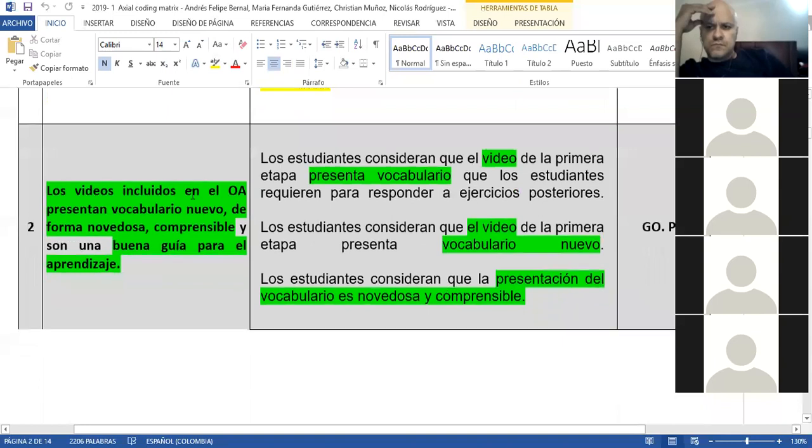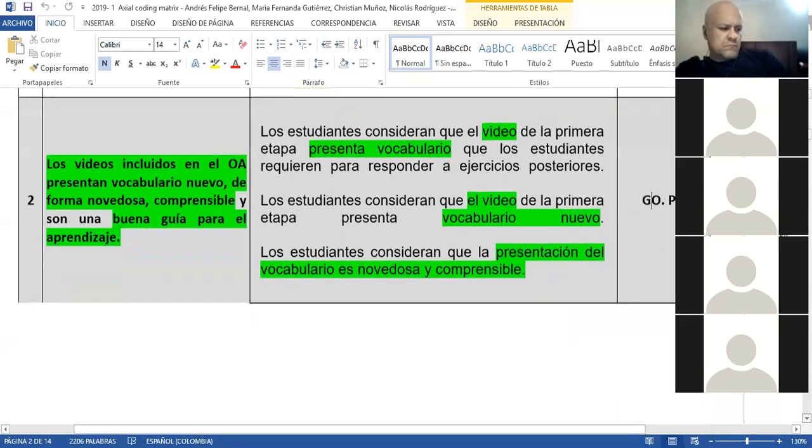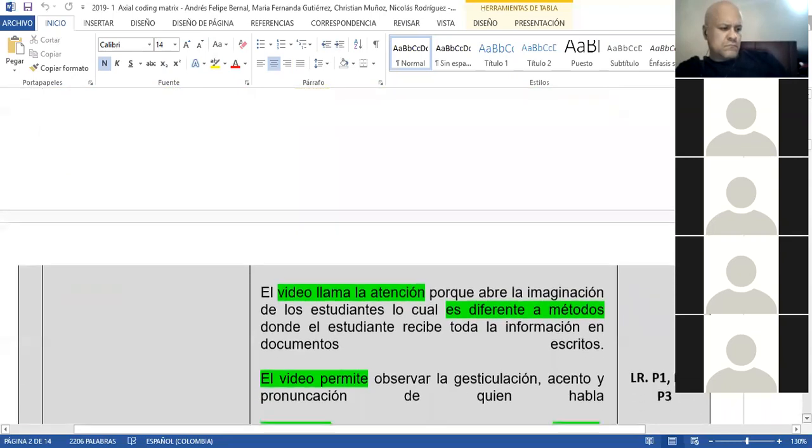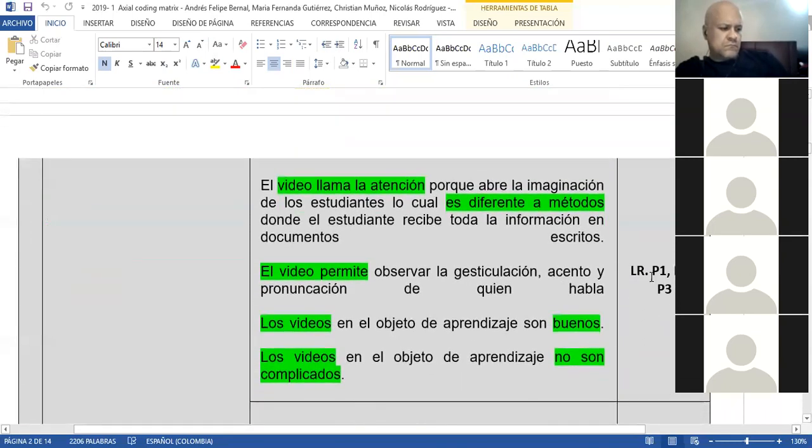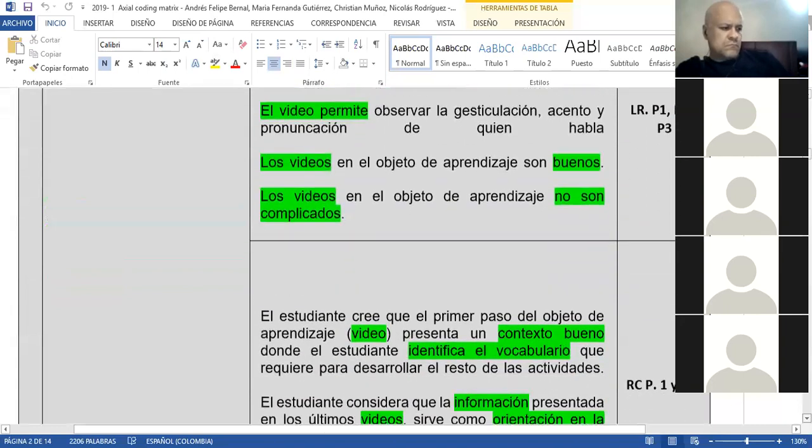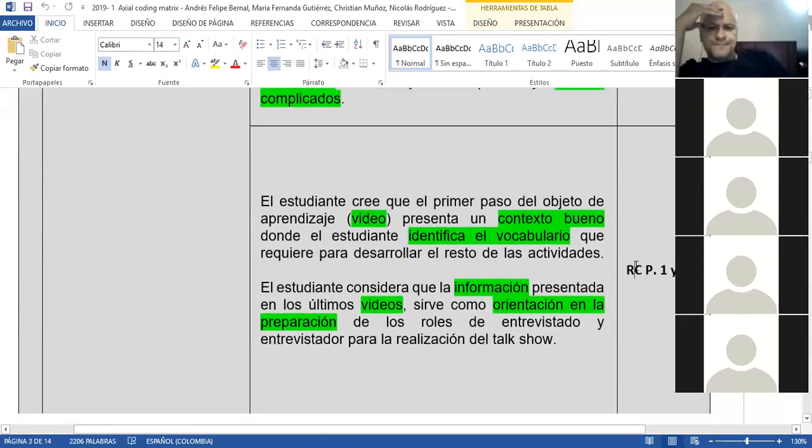Then we have another code. It says, los videos incluidos en el objeto de aprendizaje presentan vocabulario nuevo, de forma novedosa, comprensible y son una buena guía para el aprendizaje. So again, that new code is supported with the opinions of GO, LR and RC.